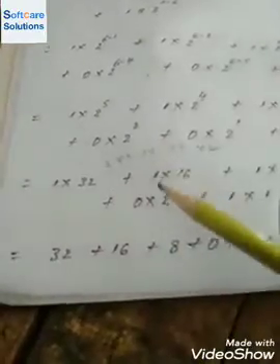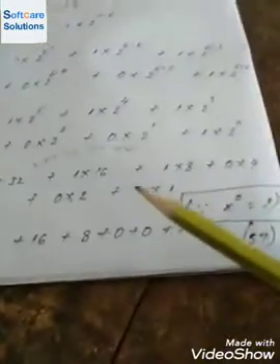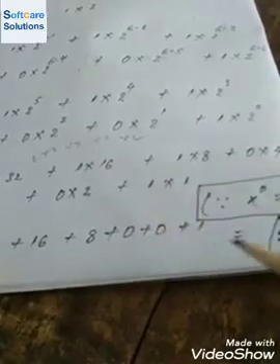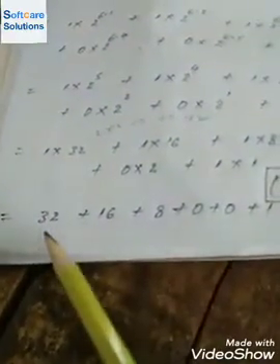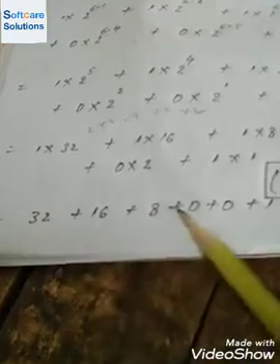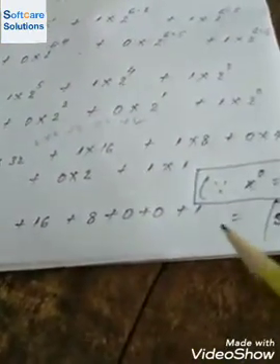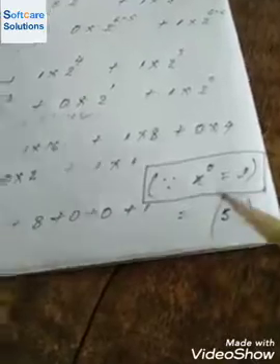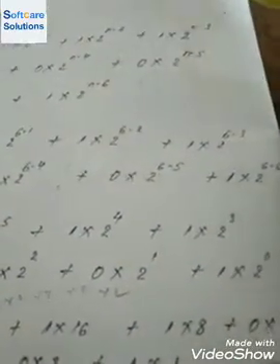So finally 1 into 32 is 32, 1 into 16 is 16, 1 into 8 is 8, and 0 and 0 we get 0, and finally 1 into 1 is 1. So after the summation of all these, 32 plus 16 plus 8 plus 0 plus 0 plus 1, we get 57. The base of 57 is 10, because it is a binary to decimal conversion.